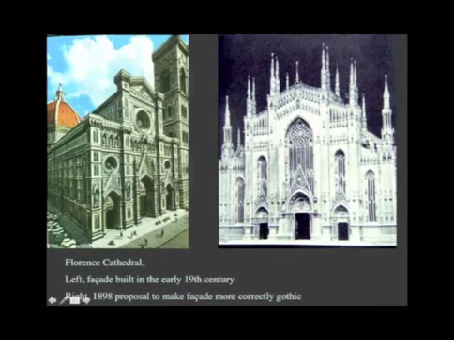And I think it's good that it never got built, because the early 19th century facade at least looks Italian. It's got that characteristic striped Tuscan marble. It's got the characteristic dominance of the wall with a punch, which is what we see in Italian Gothic architecture. The late 19th century revivalists wanted to give you this more French expression of the Gothic in their idea about the facade.